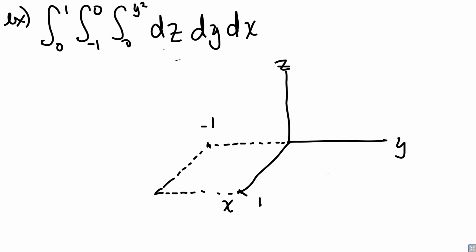Then next we're going to be dealing with this, and z runs from 0 up to y squared. So if we think about this, looking at z equals y squared, we're going to be looking at the graph of a quadratic. Now, the maximum value that z can take on is going to be 1.